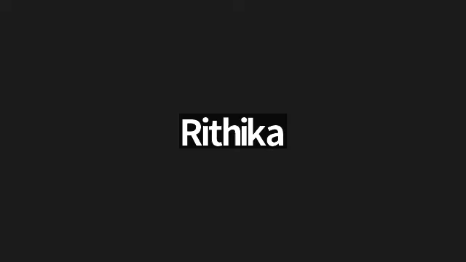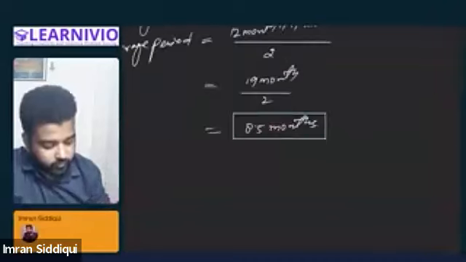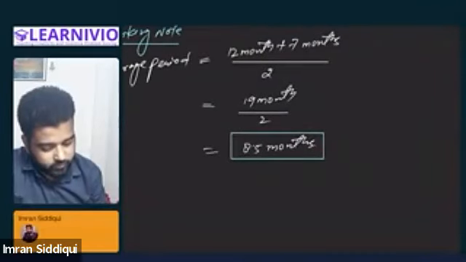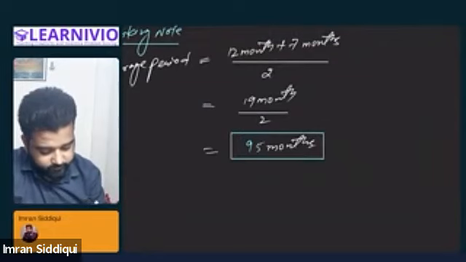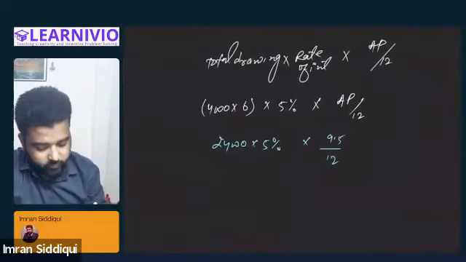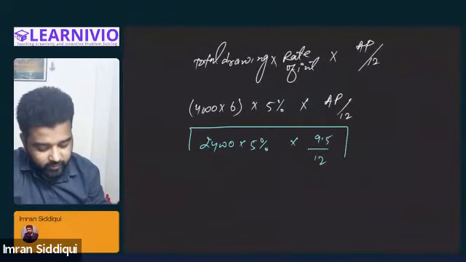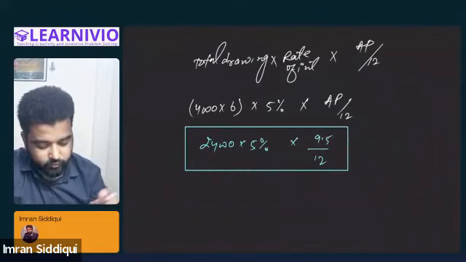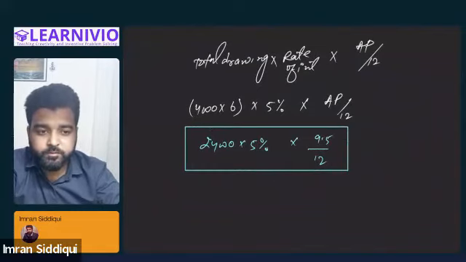No, sir, 19 by 2, the average period, won't it be 9.5? Okay, okay, all right, I'm sorry. It will be 9.5. So 9.5 will be divided by 12. Now after solving this, you'll get your answer as the amount of interest on drawing. Got it? I hope this point is clear.